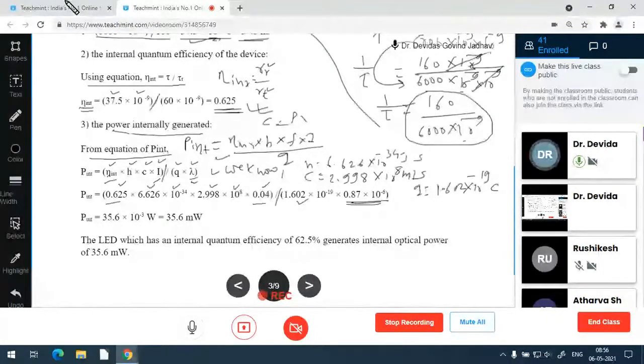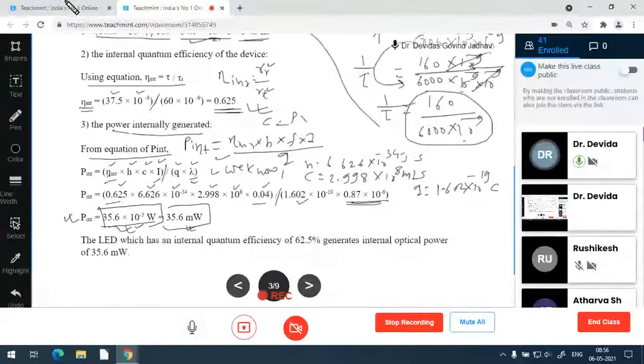If you calculate this with a calculator, we get 35.6 into 10 raised to minus 3 watt. Power internal has the unit watt. This 10 raised to minus 3 we can write as milli, so 35.6 milliwatt is also a correct answer.